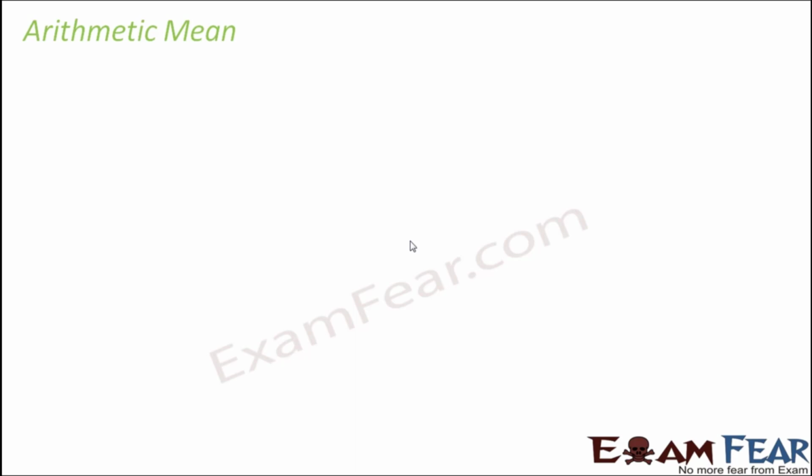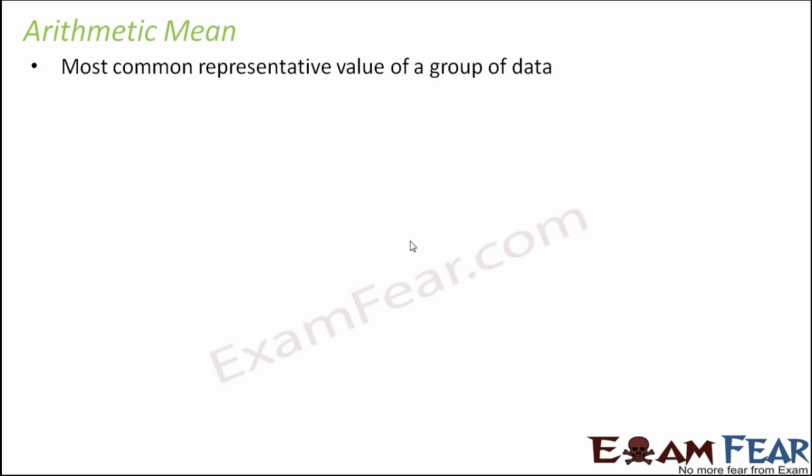So here we talk about arithmetic mean. Arithmetic mean is nothing but a mathematical term given for average. It is the most common representative value of a group of data. Representative value means a value that is very convenient and easy to represent, and at the same time conveys meaningful information about a group of data.